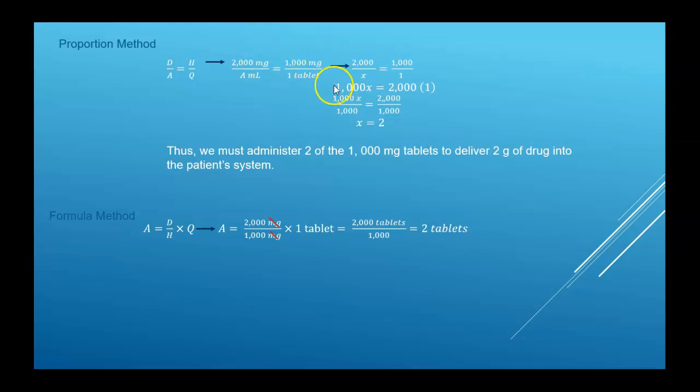So you cross multiply 2,000 times 1, and then 1,000 times X. Then you divide by 1,000 because you're trying to get X alone. So you divide by 1,000 and you just have 1X, which is just X. 1X and X are the same thing. So we must administer 2 of the 1,000 milligram tablets to deliver 2 grams of drug into the patient's system.